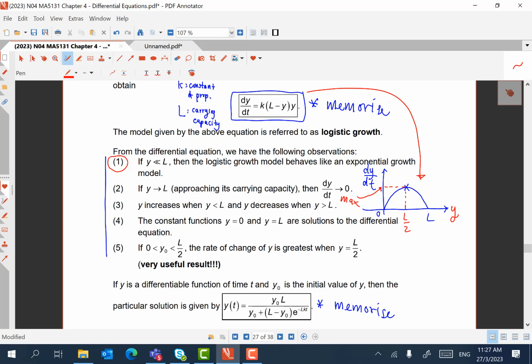Wow! She's right. She understands what this means. Right. Much smaller than L.